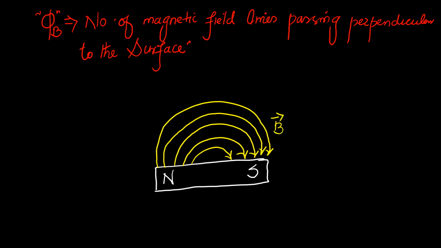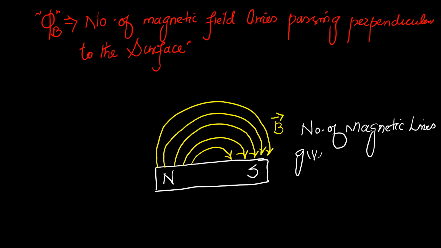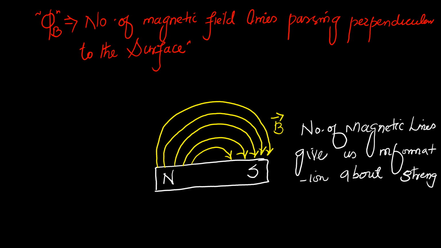Student, please keep in mind that the number of magnetic field lines gives us information about the strength of a magnet.